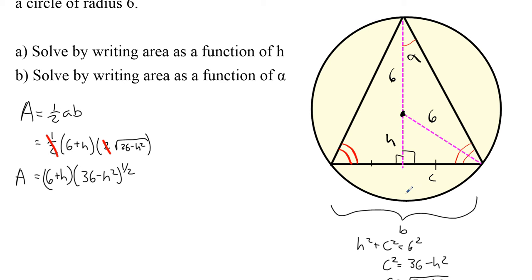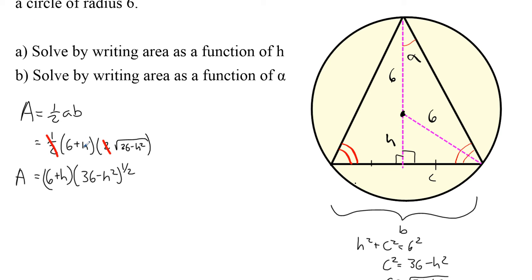If h becomes 6, these sides will actually come down and collapse because our base will shrink down to 0. So the longer h is, the shorter the base would be.